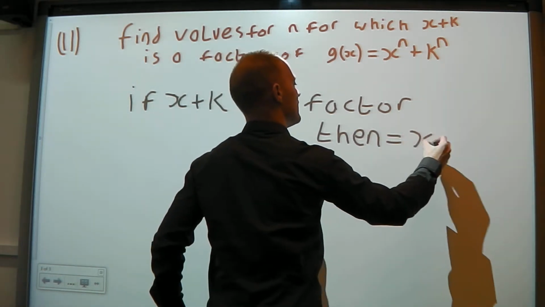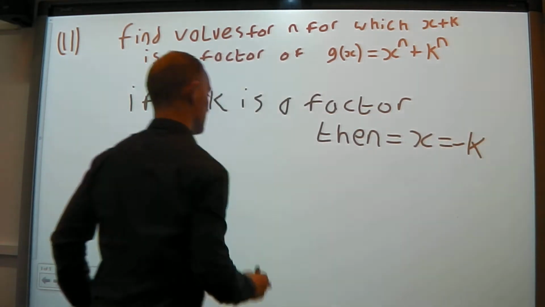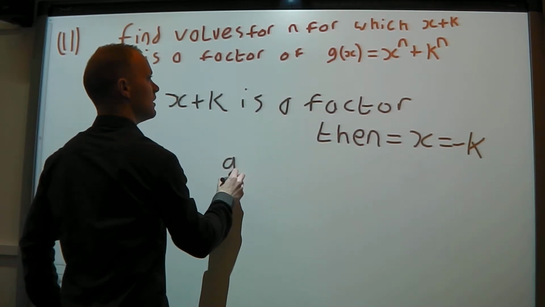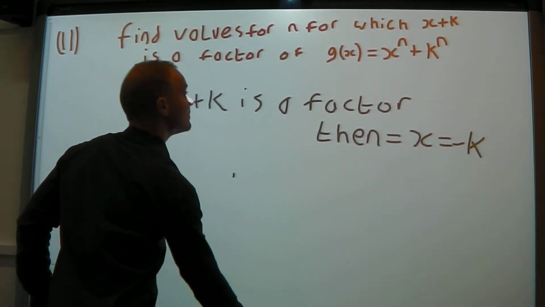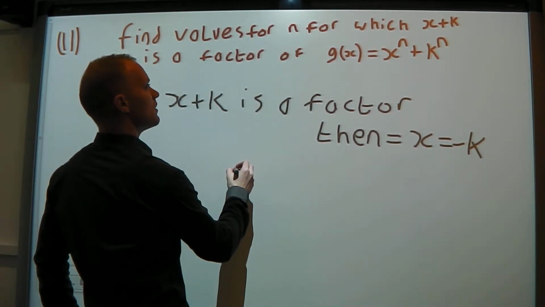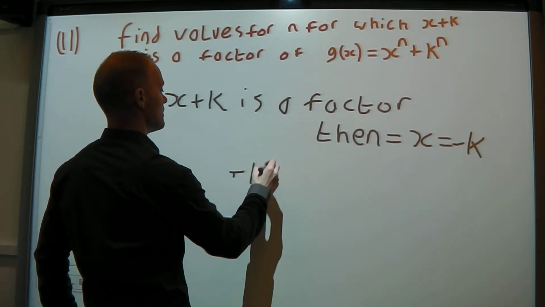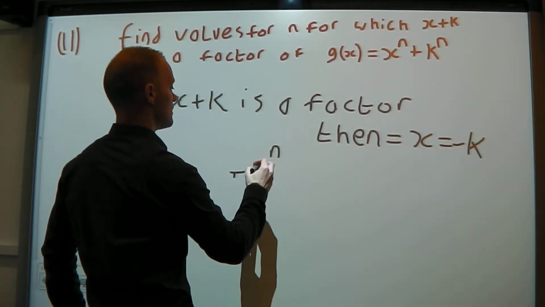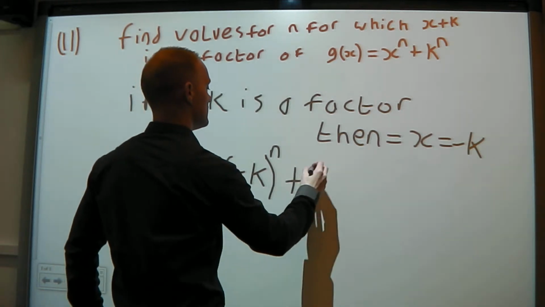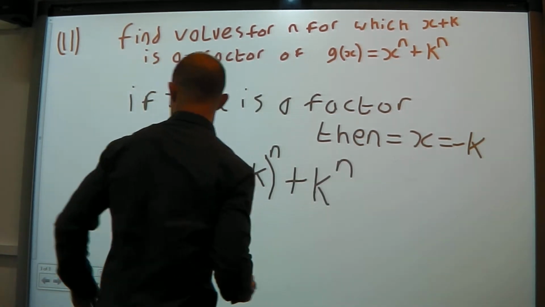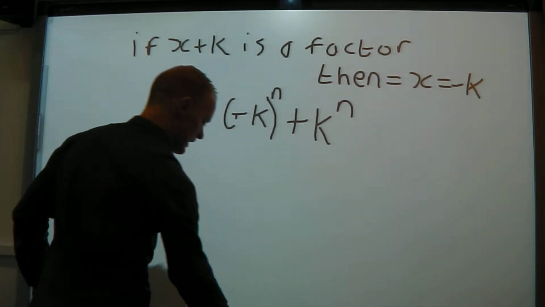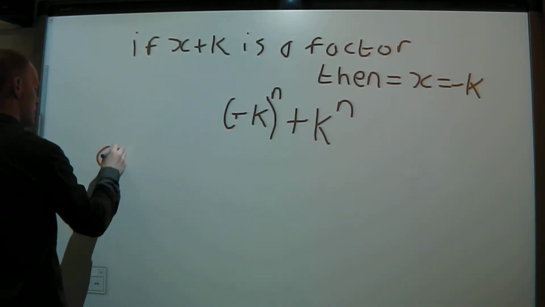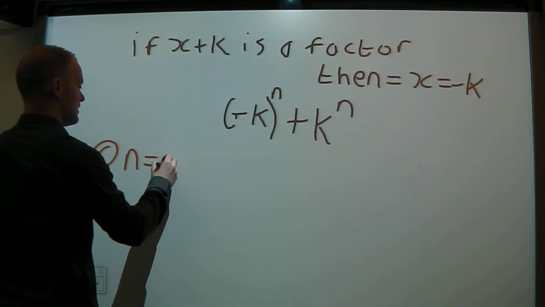So we'll just write that down: negative k to the power of n plus k to the n. Now we'll try this with odd and even numbers of n. At n equals even.